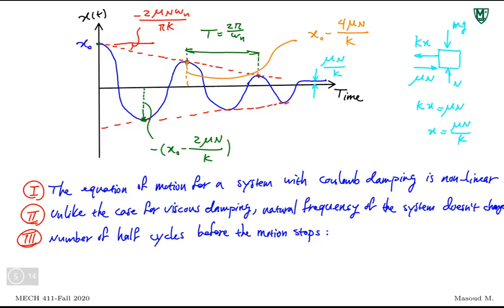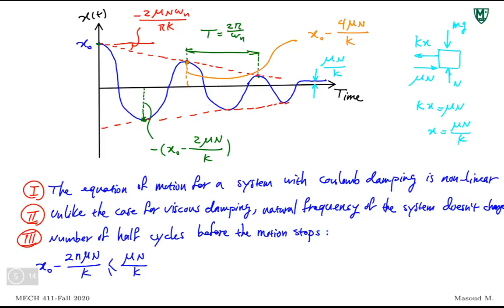When we go about it, we say, well, x naught minus 2 n mu n over k, where I'll introduce lowercase n as the number of half cycles, should be smaller than or equal to mu n over k.